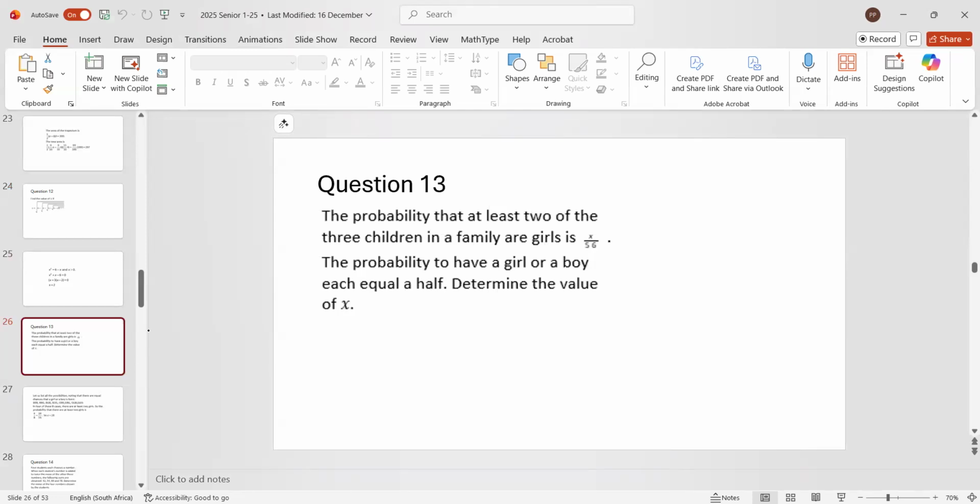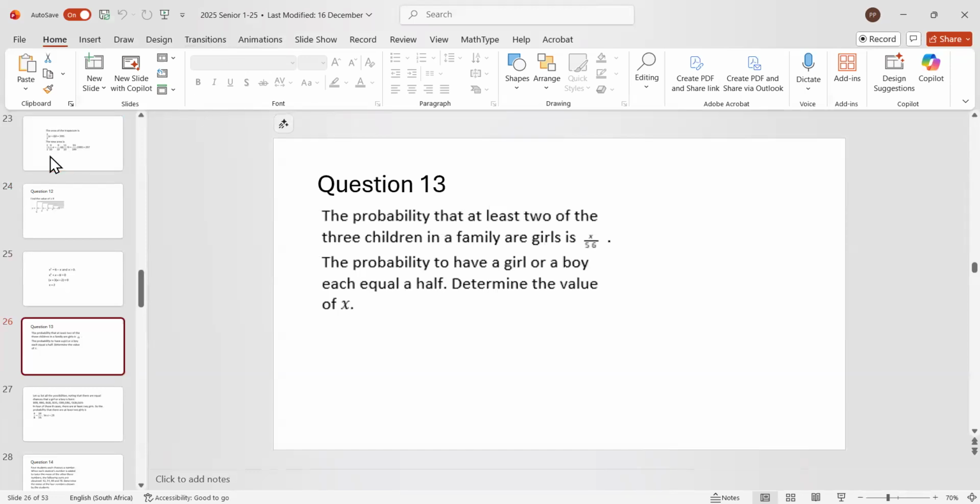In other words, there's equal probability of getting a boy or a girl, which is quite natural. So the probability of at least two of the children being girls is x over 56. All right, so let's find out all the possibilities.